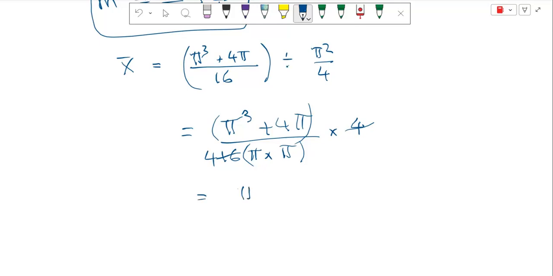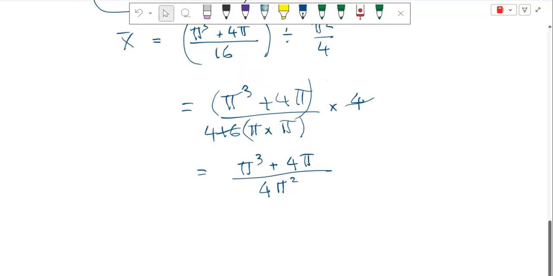So now I'm down to 4 pi cubed plus 4 pi divided by 4 pi squared. I'm still not getting what I got in my answer, guys. This is really whack. Right, okay. We've got pi divided by 4 plus 1 over pi.